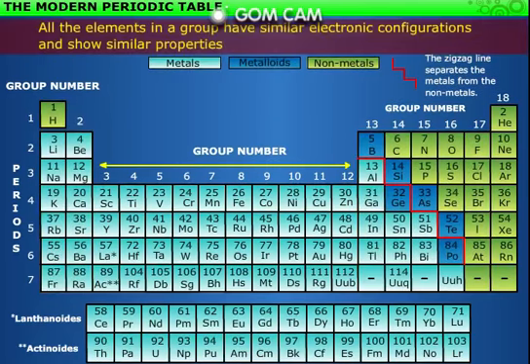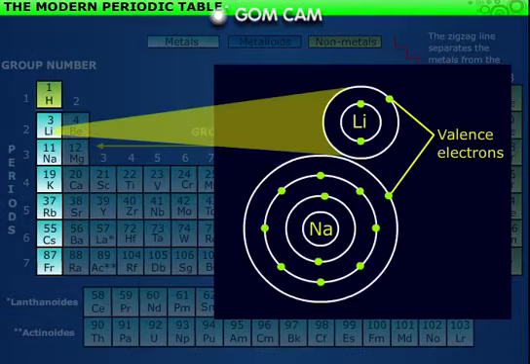All the elements in a group have similar electronic configurations and show similar properties. For example, Group 1 consists of alkali metals: lithium, sodium, potassium, etc. All have one valence electron in their atoms.